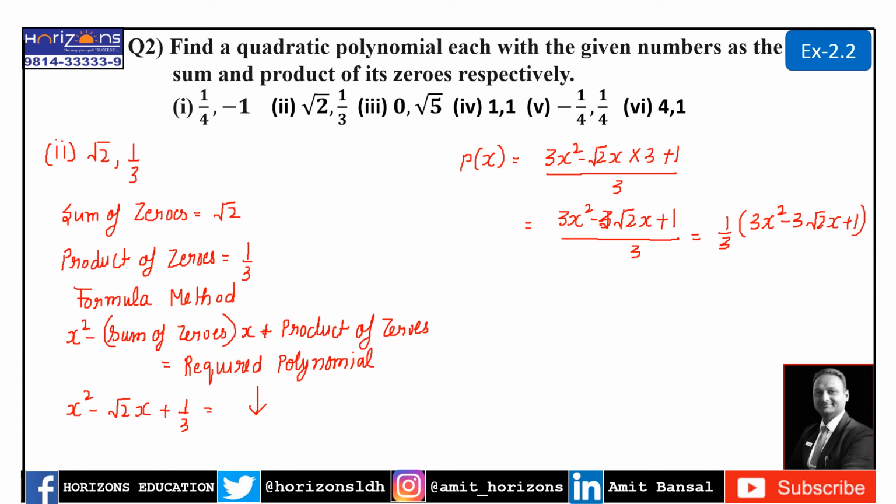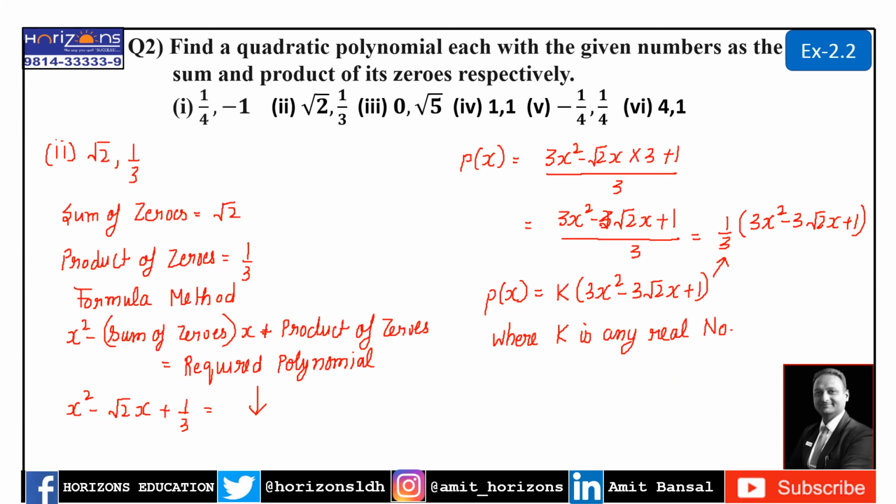Now friends, whatever we are getting here in the multiplication, we can simply replace it by k. So px is equal to k into 3x square minus 3 root 2x plus 1, where k is any real number.